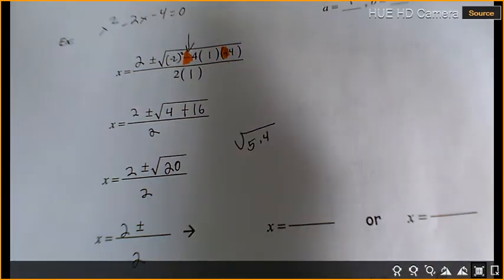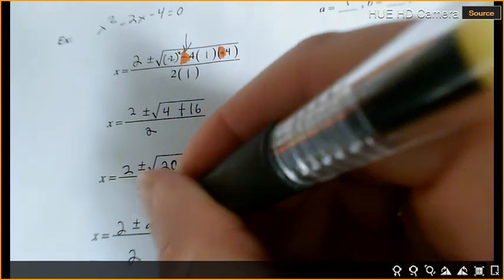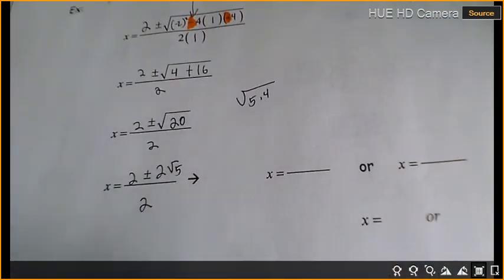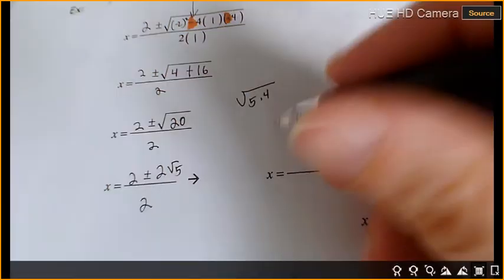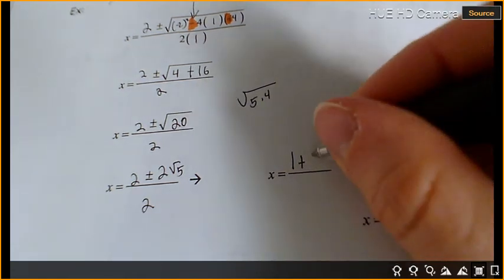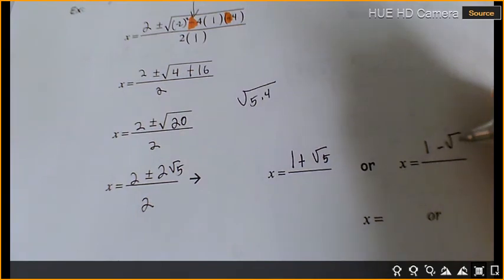So the square root of 4 is? 2. So 2 square root 5. Okay. What is 2 divided by 2? 1. Okay. So we have 1 plus square root 5 and 1 minus square root 5 is our answer.